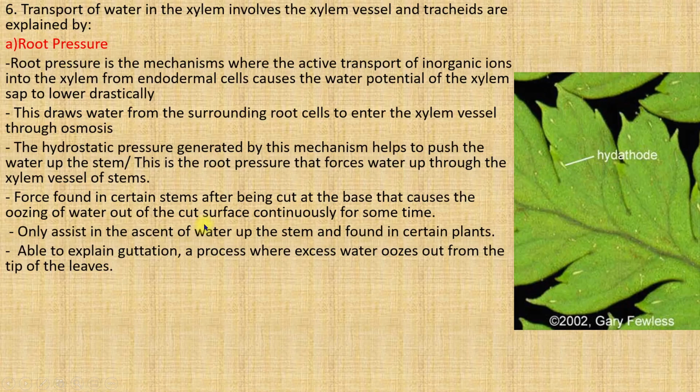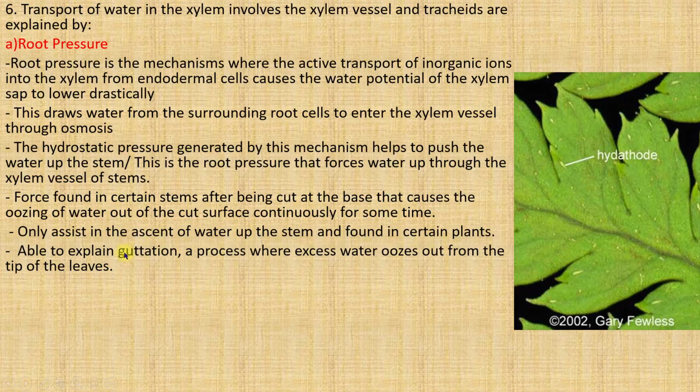I'm sure you can notice this when you cut a stem that is just being immersed in water. You can observe the water oozing out from the stem. Now this root pressure only assists in the ascent of water up the stem and is found in certain plants.